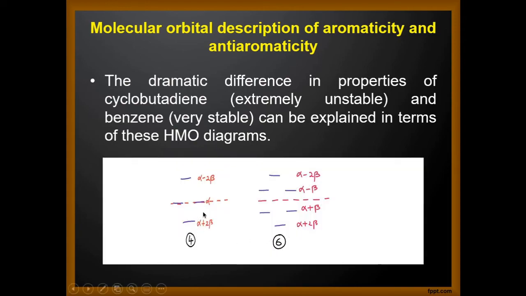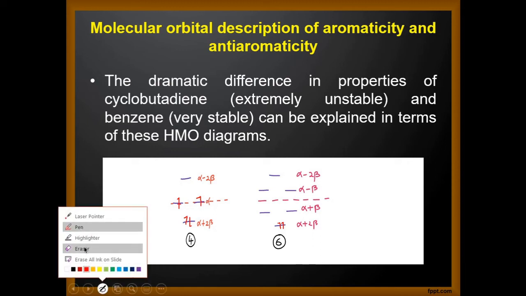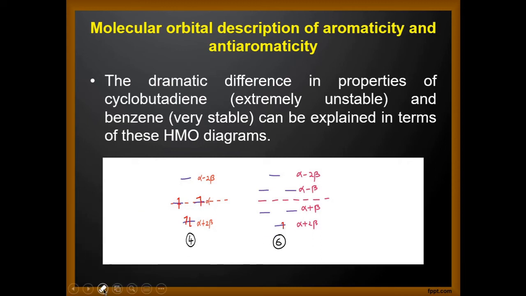Now, in the case of cyclobutadiene, the electrons are arranged following the principles. Okay, so there are 4 pi electrons, out of which 2 pi electrons will be present in the bonding molecular orbital, 1 pi electron each will be present in the non-bonding molecular orbitals, whereas in the case of benzene, all the 6 pi electrons will be present in the bonding molecular orbitals.